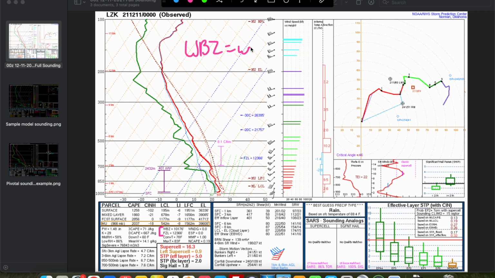WBZ is your wet bulb zero level, and the FZL is your freezing level. They are both related. The wet bulb zero level is basically the height at which the wet bulb temperature is 0 degrees Celsius.